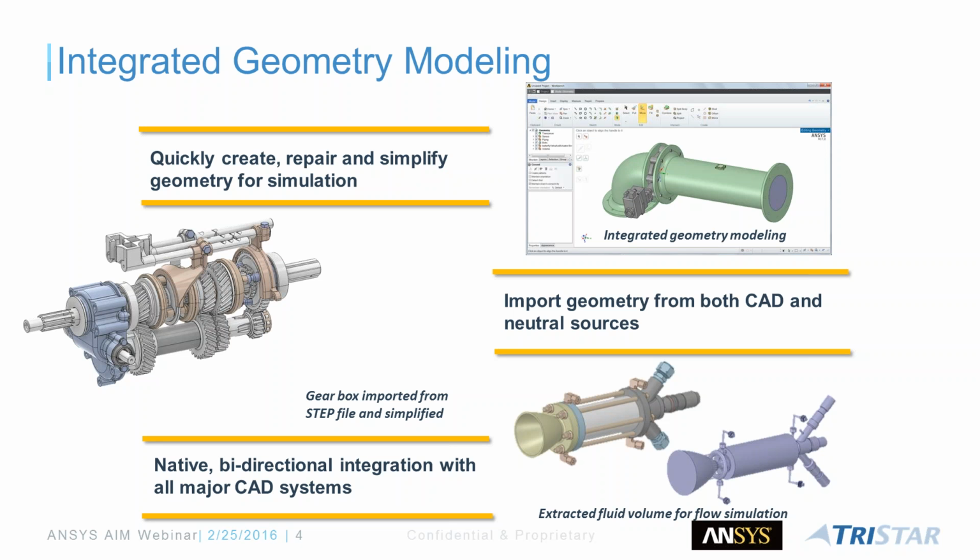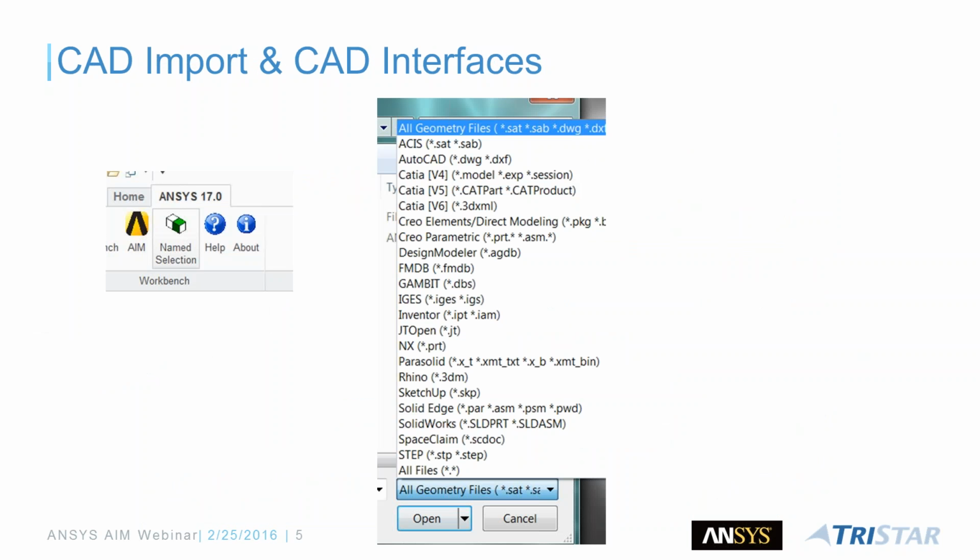As for what type of CAD files you can import and what type of integration you have, here's a quick snapshot of the various CAD files that you can import directly into AIM. Other than the typical neutral files like STEP or IGES, most of the major CAD systems are supported in Ansys AIM.